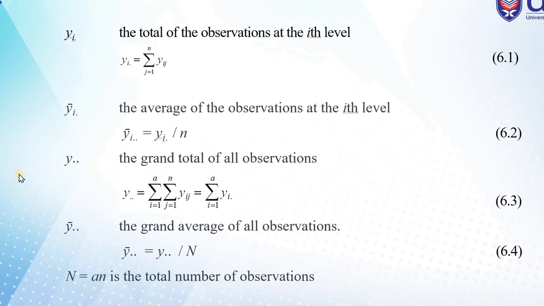Okay, so this is the formula for the total of the observations at level i. For example, if i refers to the first level, then y1. is the total of the observations for the first level just now.